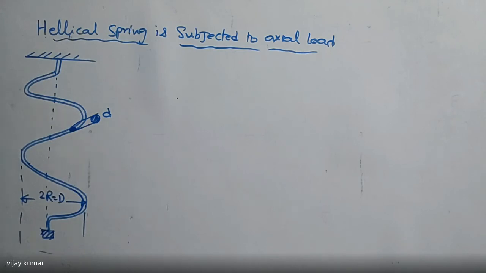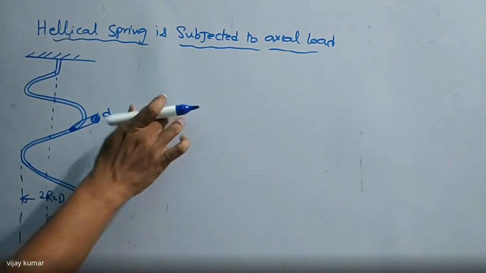So here I want to find first of all, when this axial load is acting at the free end of the spring, then what happens? There must be energy due to axial load. So first of all, I'm going to write it here.